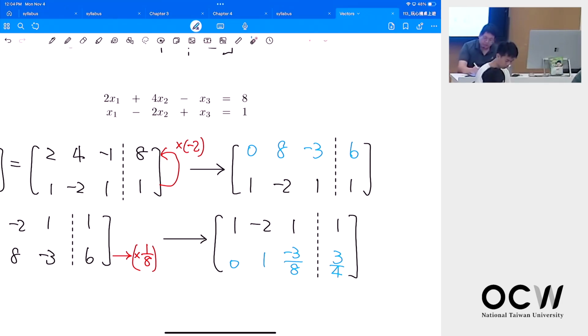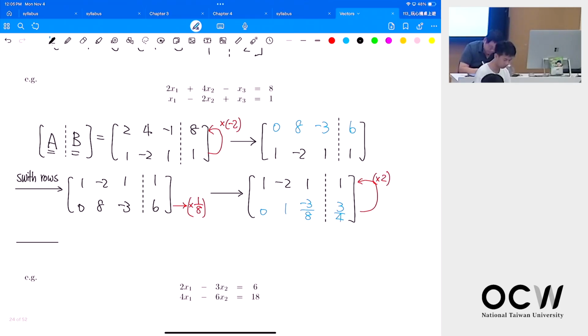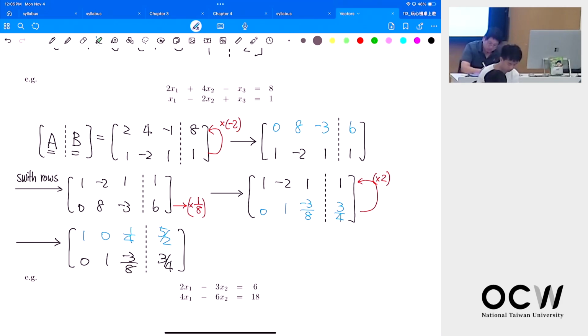Now I need to eliminate so the elements above and below the leading entry are all 0. So I will multiply by 2, and then we will get 1, 0, 1/4, 0, 1, minus 3 over 8, 3 over 4. And this is your reduced matrix.